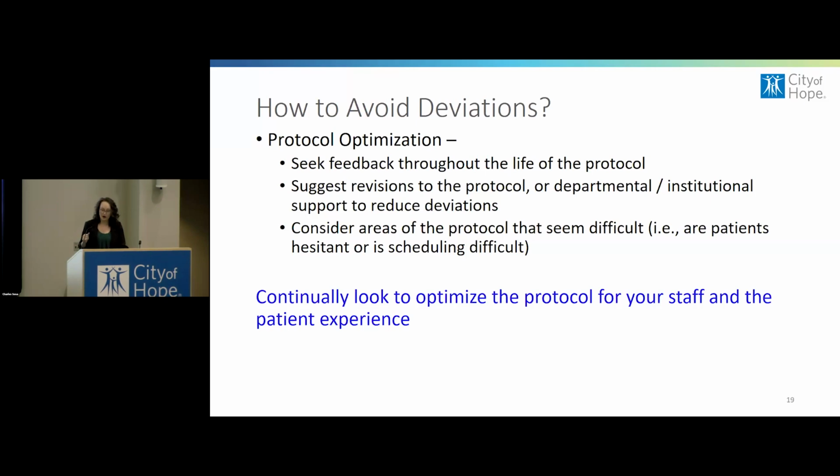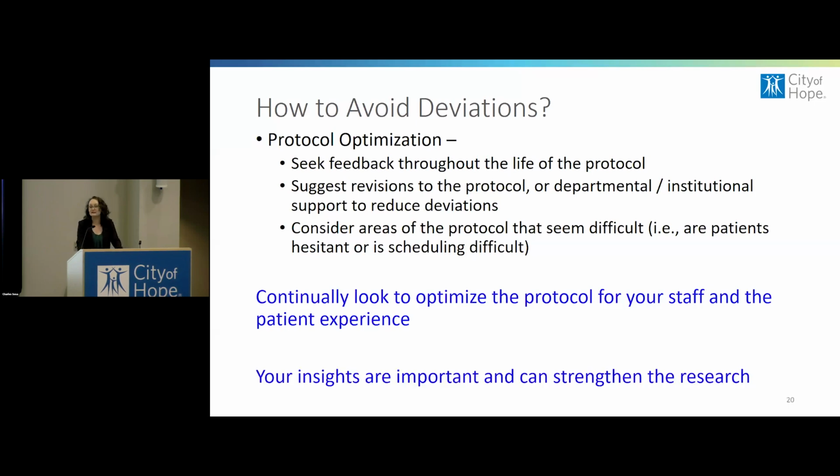And so our wonderful Julie Kilpatrick approached us and proposed that the CSF collection be added on to the surgery time point that was right before, the pre-LD CSF pull from the Ommaya catheter. We were able to update the protocol and move that collection. So we were still getting that baseline CSF collection, but it allowed us to optimize the timing and reduce burden on the clinic staff and the patient.